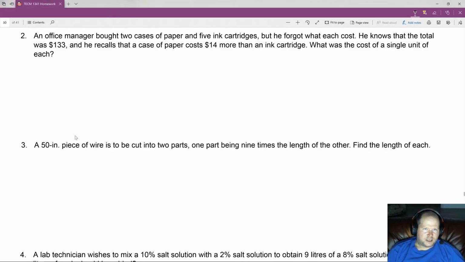Okay, so first of all, again, we don't have a general equation for this, so we want to write the variables first. Now, the question is, what was the cost of a single unit of each? Well, each of what? Well, he wants to know the cost of paper and ink cartridges. Okay, so since paper is listed first, I'm just going to put paper, and we'll set that equal to X. Then we'll say, well, what about ink cartridges?